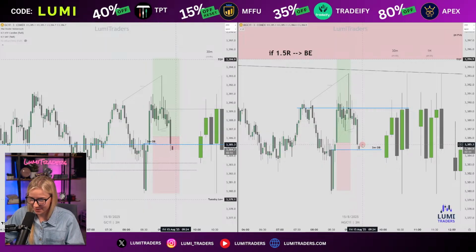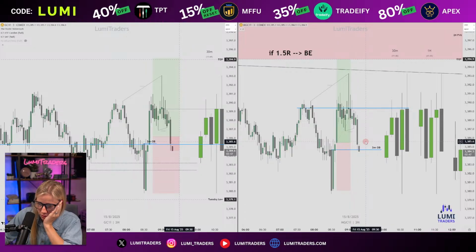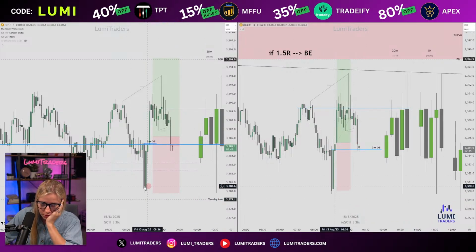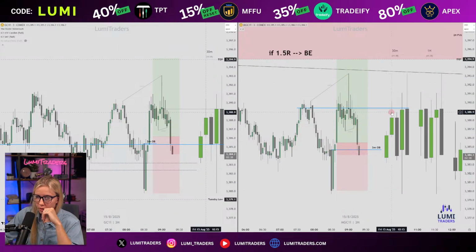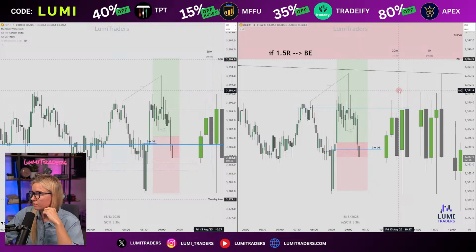Just the test of the 3-minute OB. Which one? The flat candle, on which one? You mean over here? Let's see. I'm still surprised to see how it failed to take equal highs and just reversed. But once again, break even is better than waiting for the full stop loss.